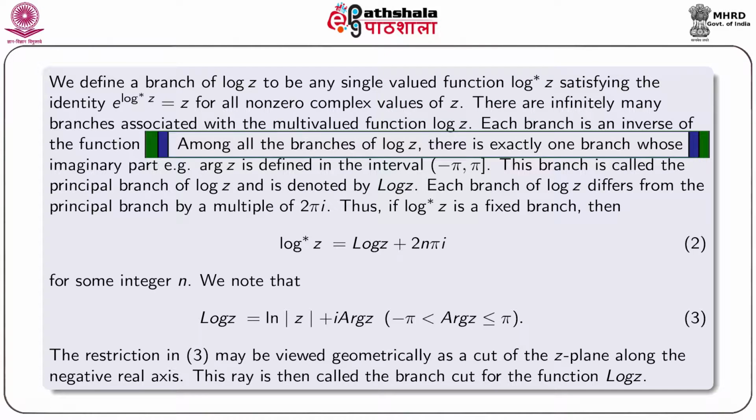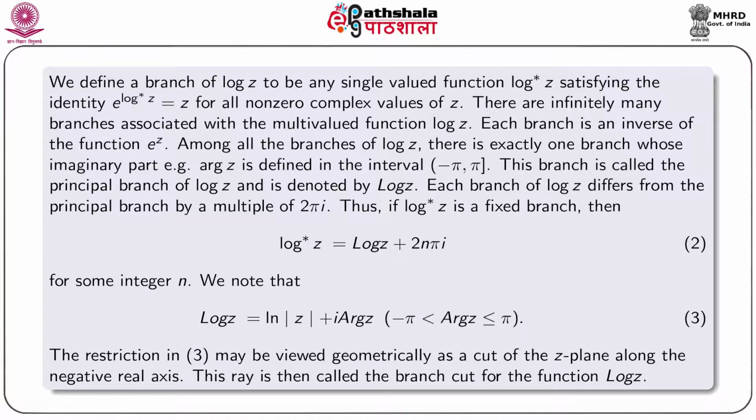Among all the branches of log z, there is exactly one branch whose imaginary part, that is argument z, is defined in the interval minus pi to pi. This branch is called the principal branch of log z and is denoted by capital Log z.